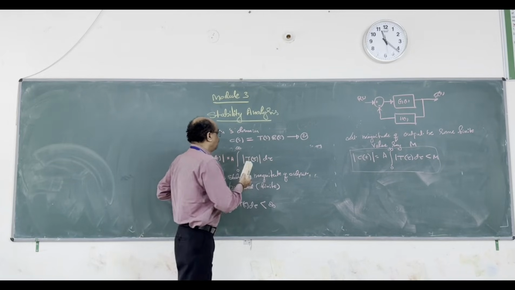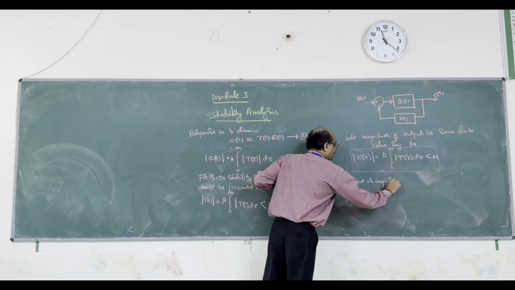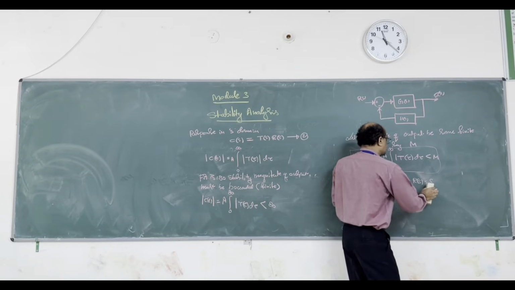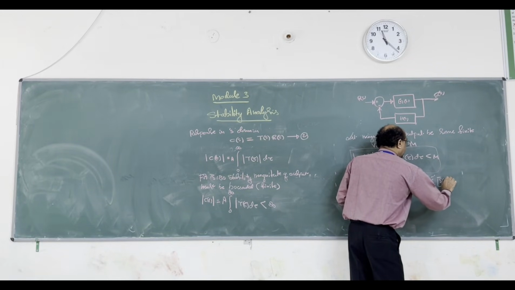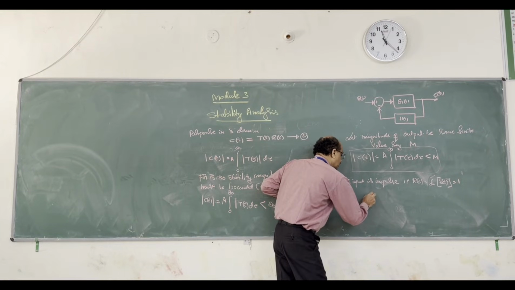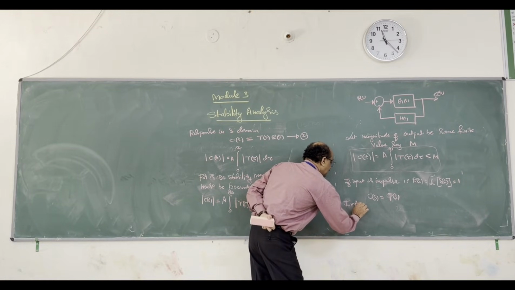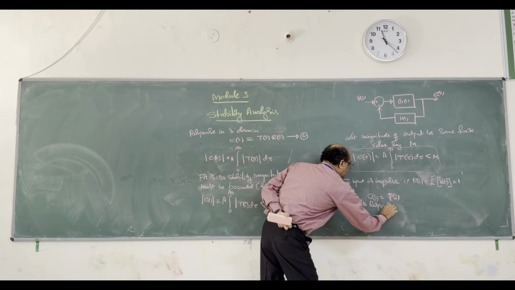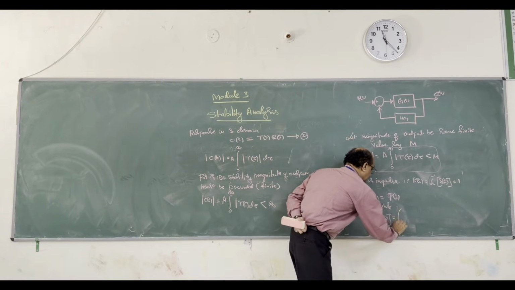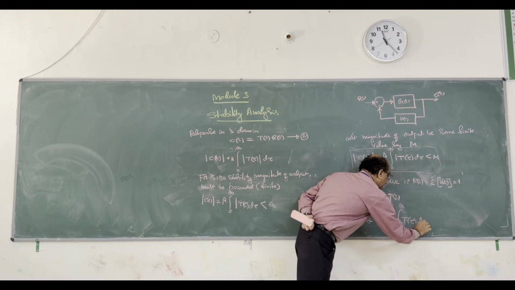If the input is an impulse, that is R of S is the Laplace transform of delta of t, which is equal to 1, then the equation simply becomes C of S equal to T of S. So the impulse response is L inverse of C of S, which is T of tau.